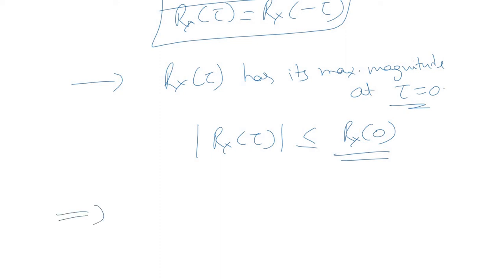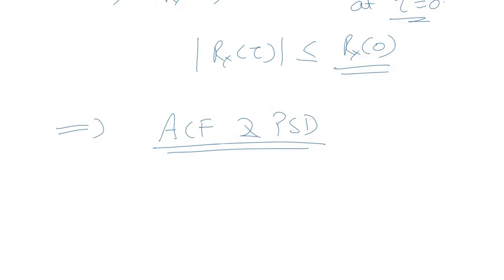Now a very important relationship between the autocorrelation function and the power spectral density, PSD. This relationship is also known as the Wiener-Khinchin theorem.